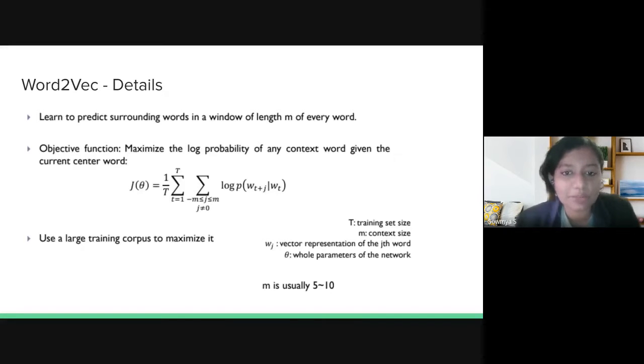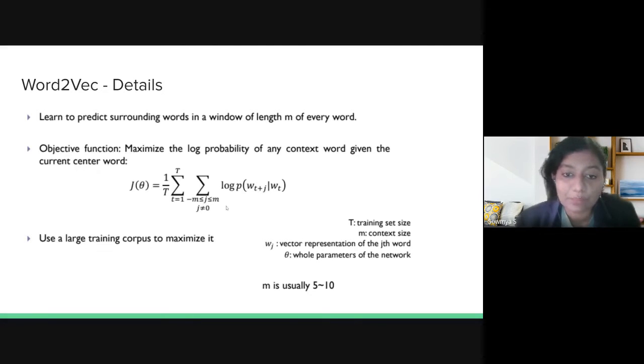So now we come to the math, what is happening, how we do backpropagation for word to vec. Here we are learning to predict the surrounding words, so it's the skip-gram model. Our objective function that we need to optimize is the probability of the context word given the word. This is the vector representation of the word, and we need to predict the vector representation of the surrounding words.